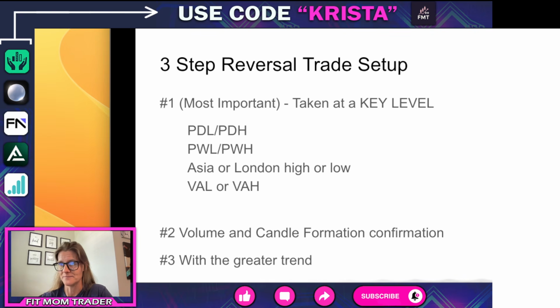So for me, the levels that I mark off are previous day low, previous day high, previous week low, previous week high, and then session, so the Asia low or the Asia high, and then the value areas. So I do the previous New York session value area low, value area high, and then the previous week value area low, value area high.